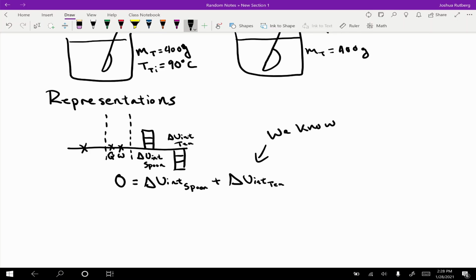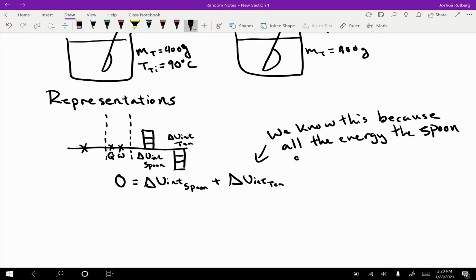We know this because all the energy the spoon gains comes from the tea, not from anywhere else.